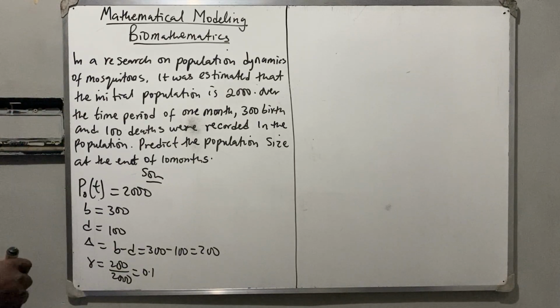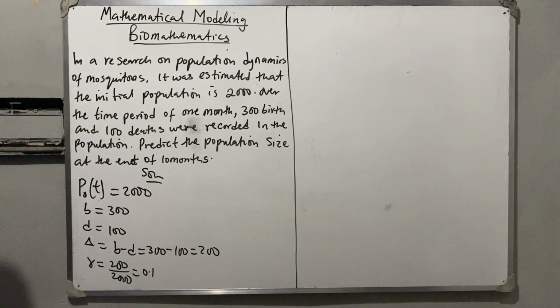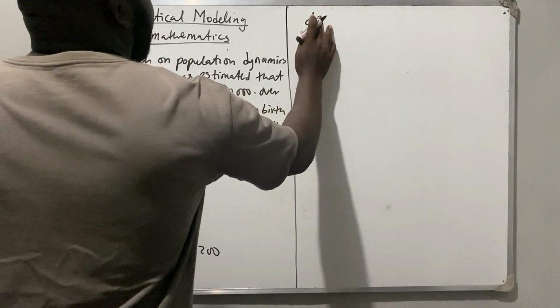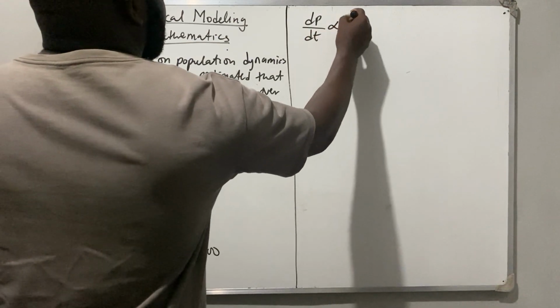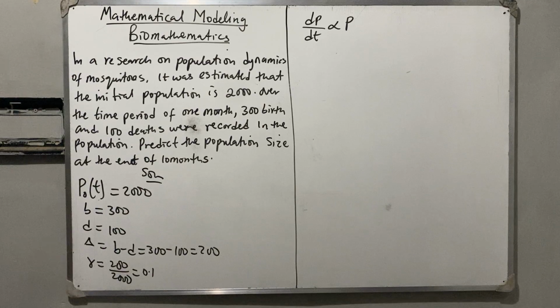Now, the next thing we are going to do is to derive the formula we are going to use here, and it is very simple to derive. You should know that the rate of change of population, dP/dt, is directly proportional to the current population.